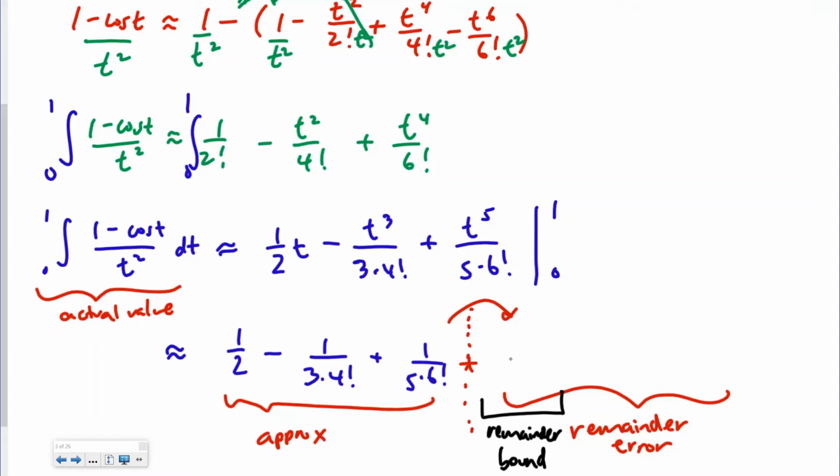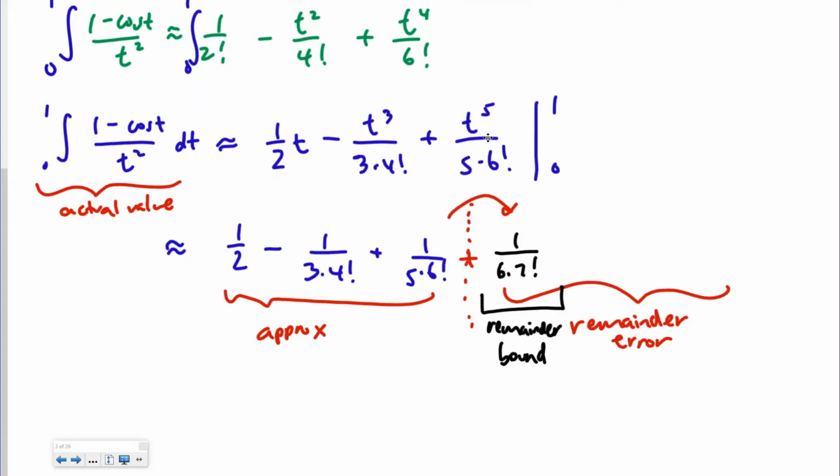And what is this term? Well, if I just look at the pattern here, I think I can get it. This term is going to be 1 over 6 times 7 factorial. Okay, and what I'll do here is use the alternating series remainder bound theorem.